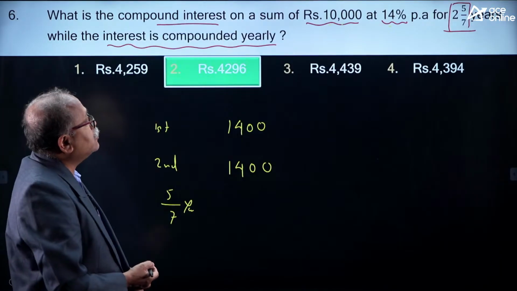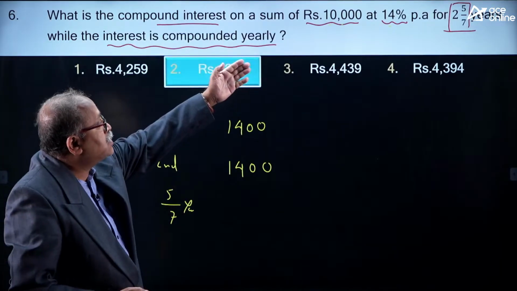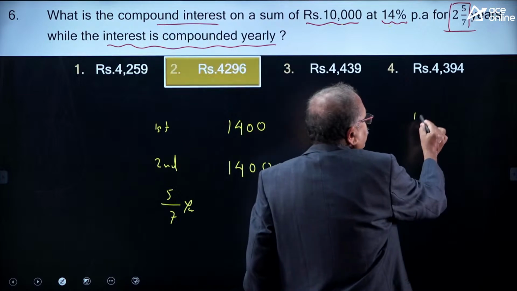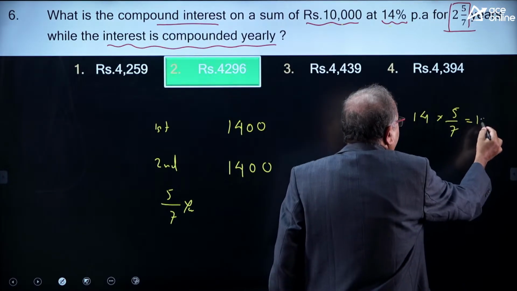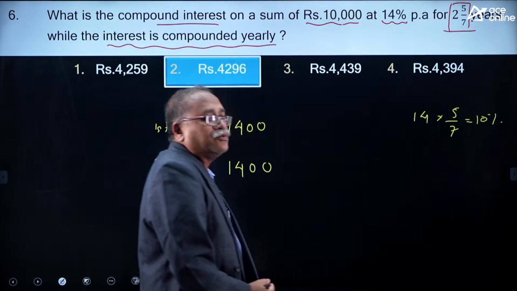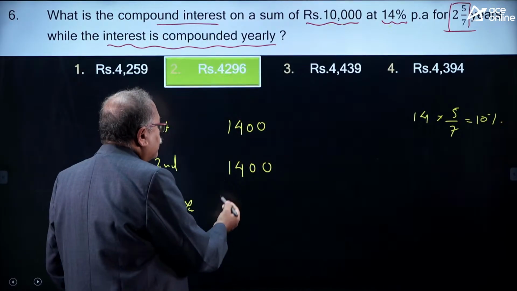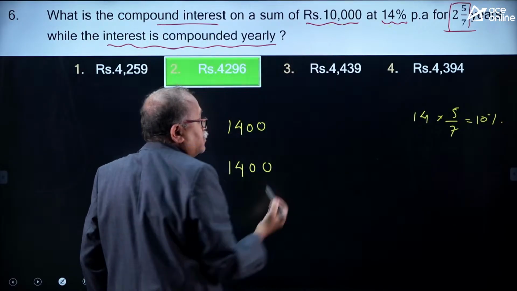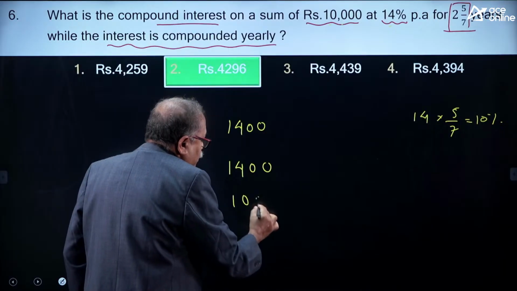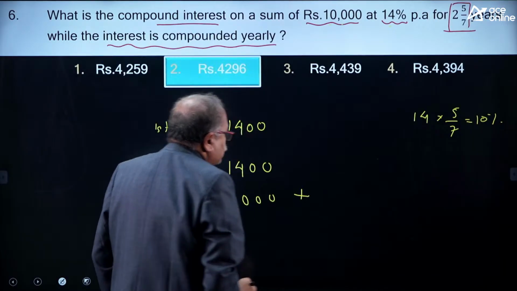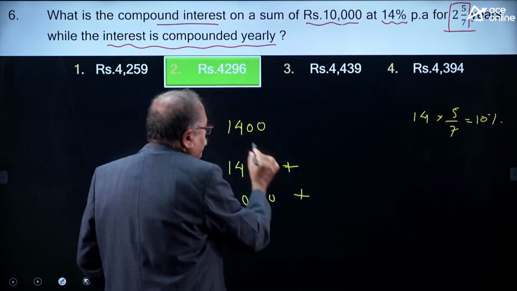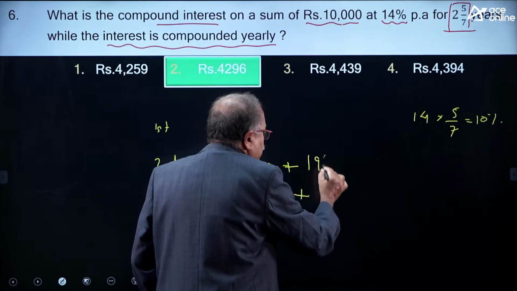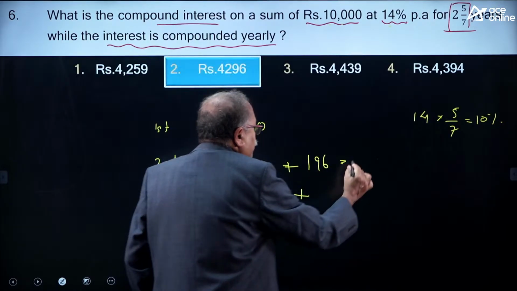So, what will be the rate of interest for 5/7 years? I already know this is 14% per annum, then for 5/7 years, it will be 10% rate of interest. So I will be taking the 10% of the principal, which is nothing but 1000 plus 10,000. Here I need to take the 14%, which is 196. The total comes 15,000.